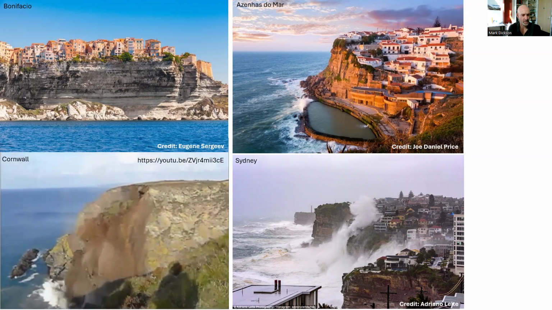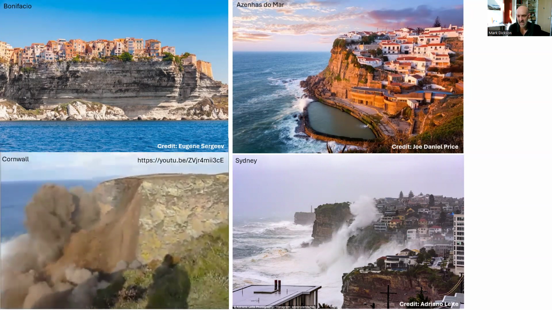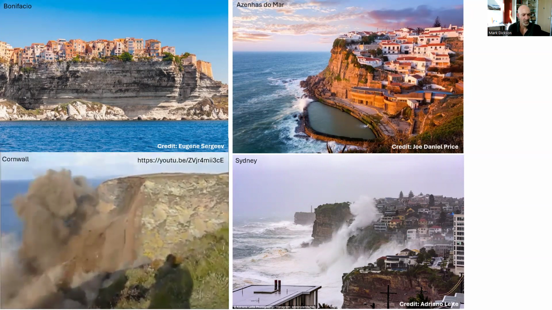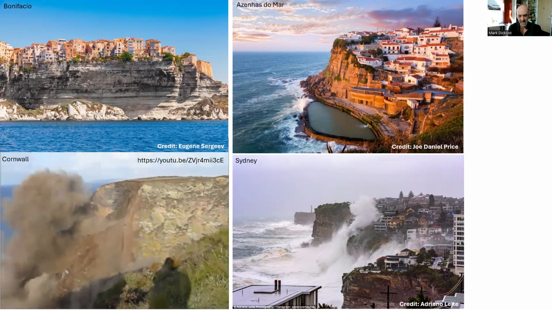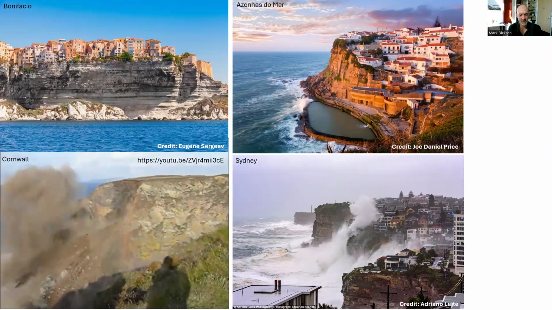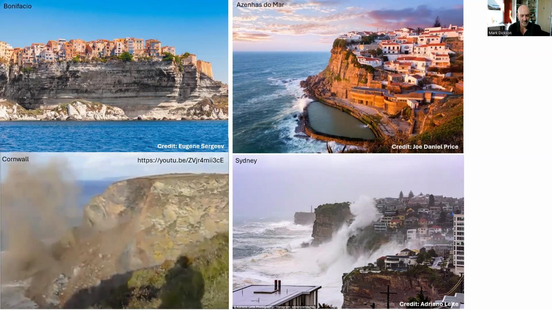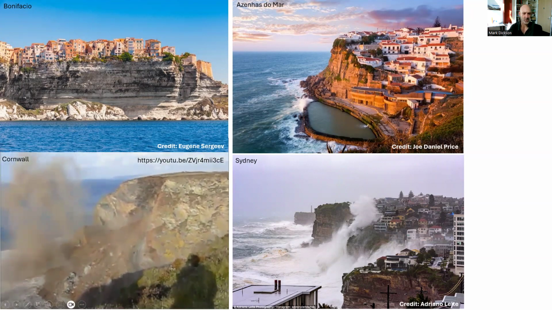These cliffs could have been stable for very long periods of time and then suddenly fail. And it's noticeable in this image that there's not heavy rain on this day. There's not strong storm waves attacking the cliffs. And so we get some insight into the fact that the driving processes of cliff erosion can be decoupled in time from the failure events that actually occur.